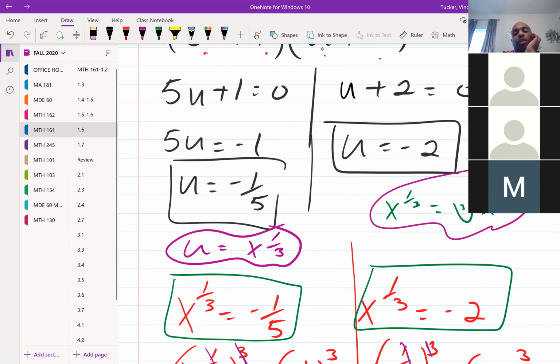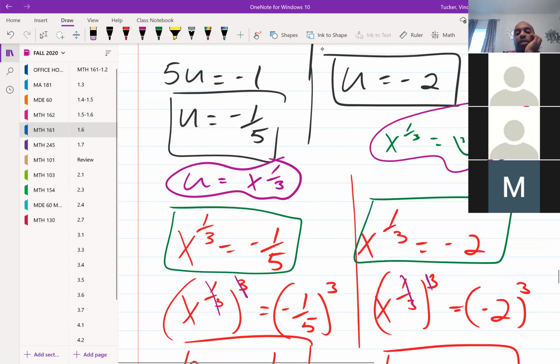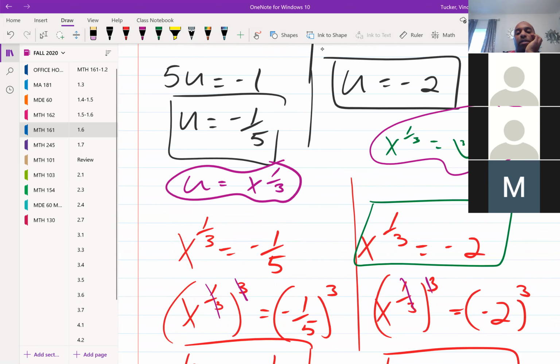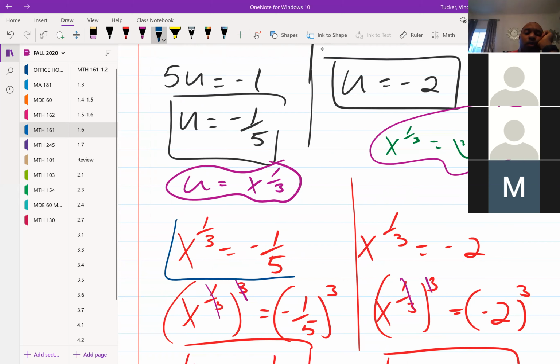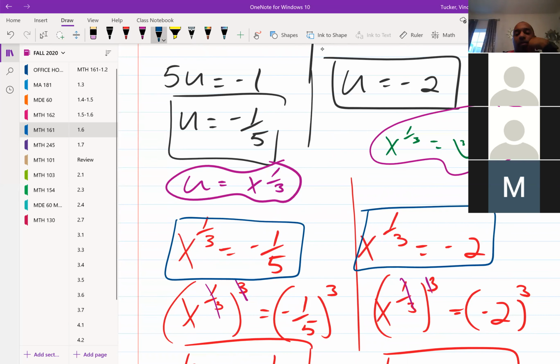So now in order to solve for x, since x to the 1/3 is the same thing as the cube root of x, you can just cube both sides. The cube root and cube will cancel on the left in both cases.